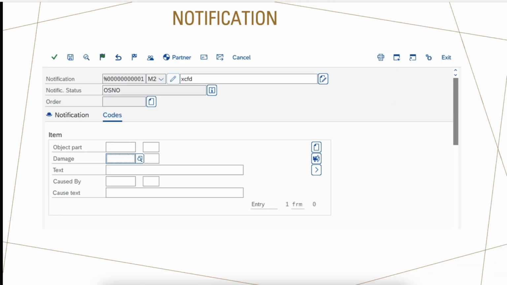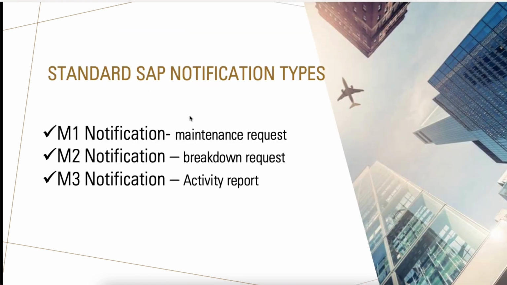And there are reasons why sometimes, during configurations, you might want to assign your notifications to your work orders. So if you check your SAP system, and you can't find your M3 notification, which is your activity reports, then you would just know that your work orders already have automatic assignment with notifications.